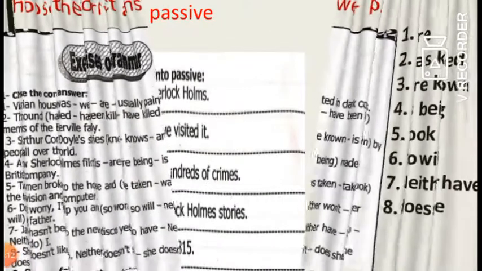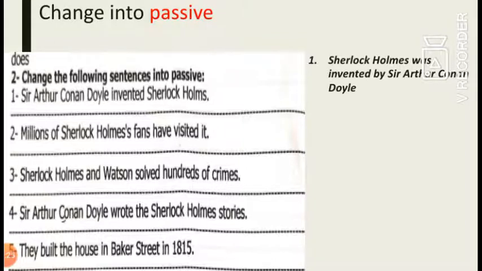Now change the following sentences into passive. Number 1, Sir Arthur Conan Doyle invented Sherlock Holmes. As we said before, to change into passive, you have to start with the object. So, Sherlock Holmes. You have to look at the verb, invented, a verb in the past simple. So we are going to use was or were plus past participle. Sherlock Holmes was invented by Sir Arthur Conan Doyle.